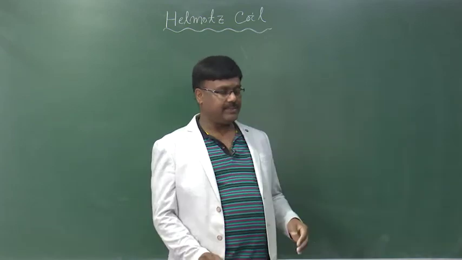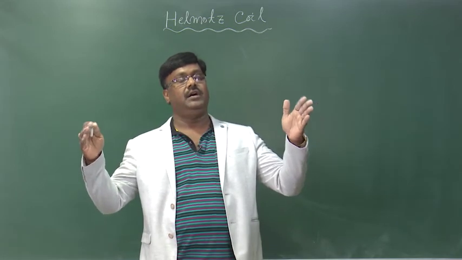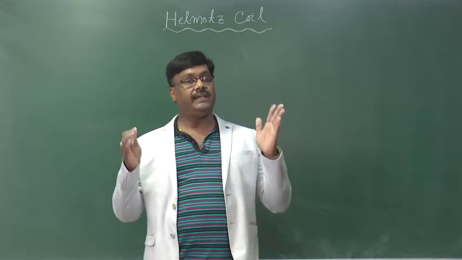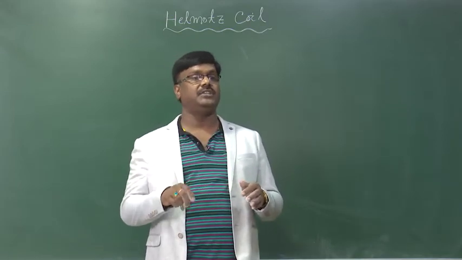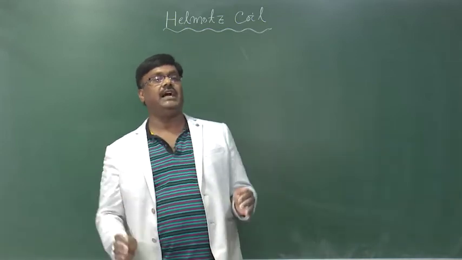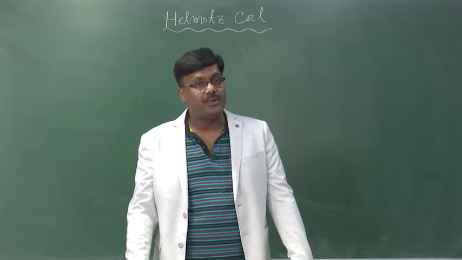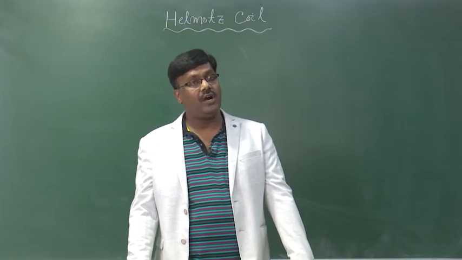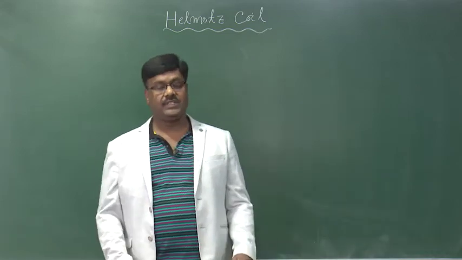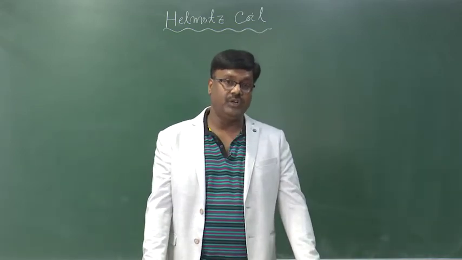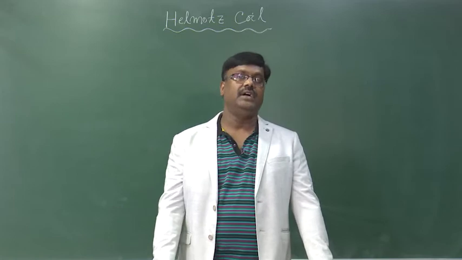So, if a point is considered between two coils of identical radius, then the field at the point of observation between these two circular coils will be of uniform strength, and such a device consisting of two identical circular coils carrying current, coaxially mounted, can be considered a Helmholtz coil. Helmholtz is the name of the scientist and the coil is named after him.